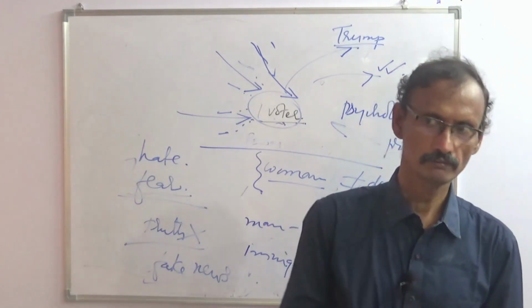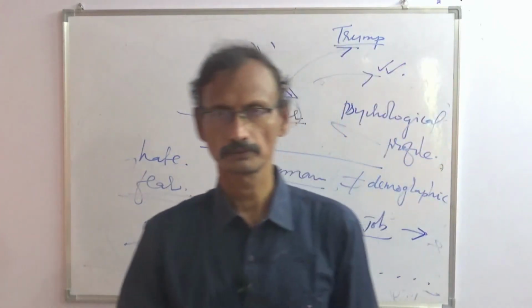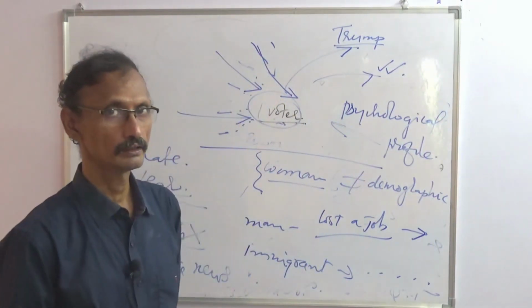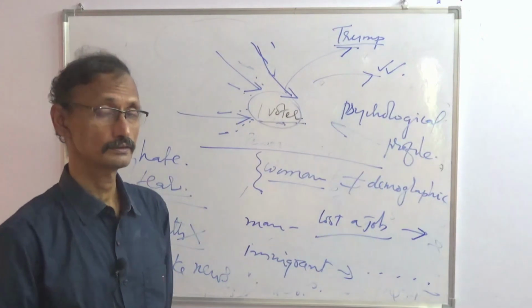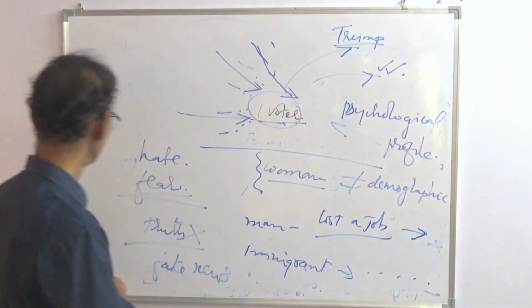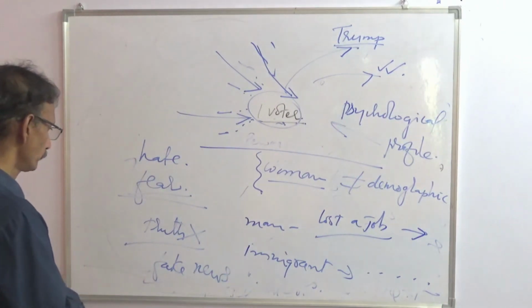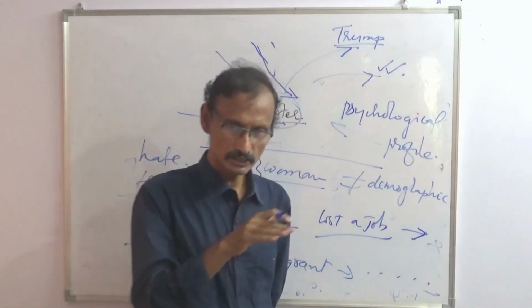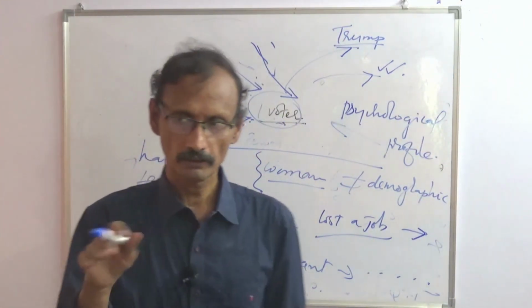As long as they believe, that is news. As long as it makes them think in a particular way, that is news. It doesn't have to be true. So a voter is driven in search of a particular information.